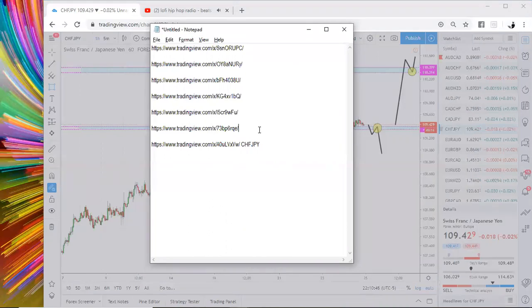This one is... There we go. That's a little more organized.